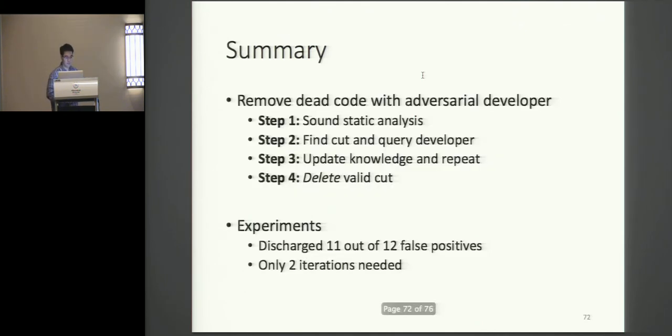So just to summarize, our interactive verification process helps us remove dead code from the app with the input of a possibly adversarial developer. And in our experiments, we showed that we discharged 11 out of the 12 false positives using just 2 interactions with the developer.